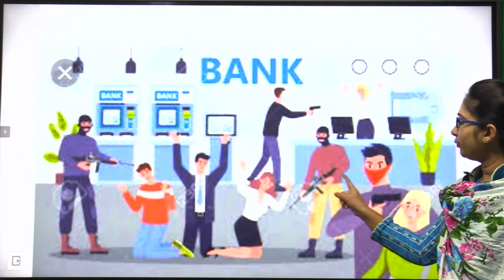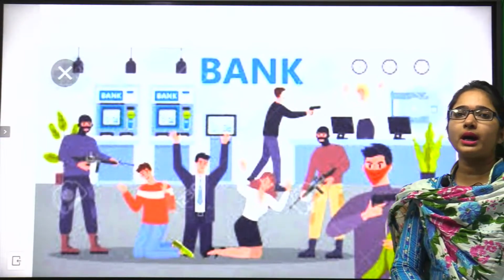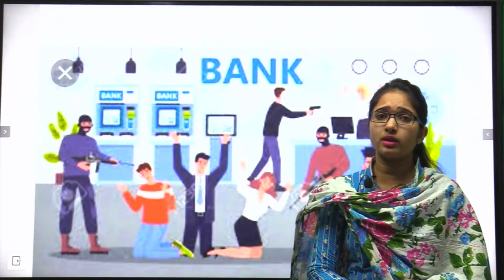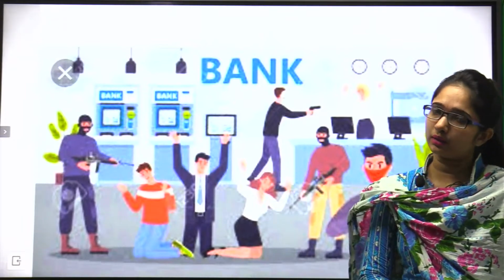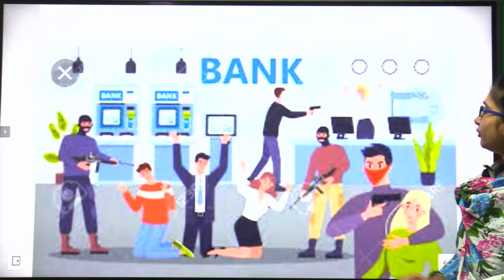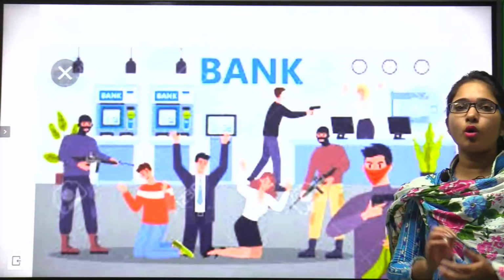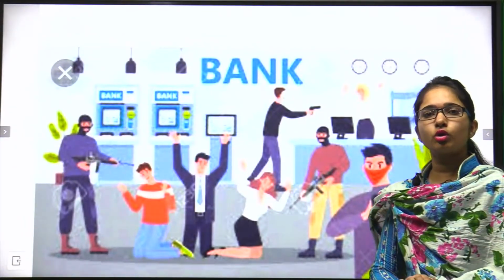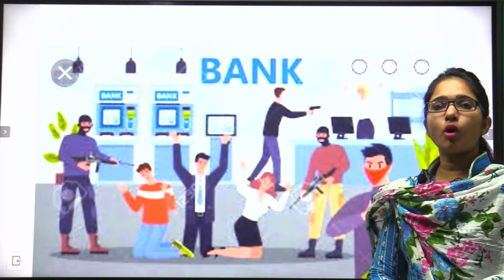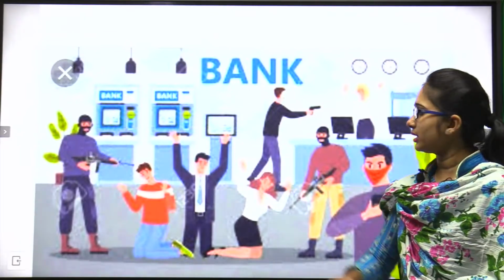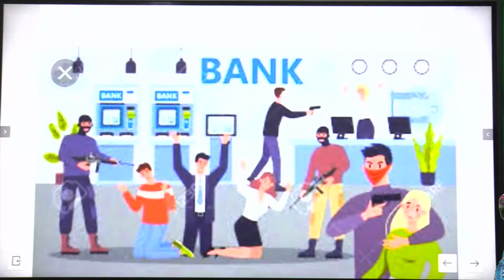Four people have come to loot the bank, to take the money from the bank. They are pointing the gun at the manager to take out all the cash, and the customers who are there in the bank are also very much afraid. It is clearly shown in the picture.